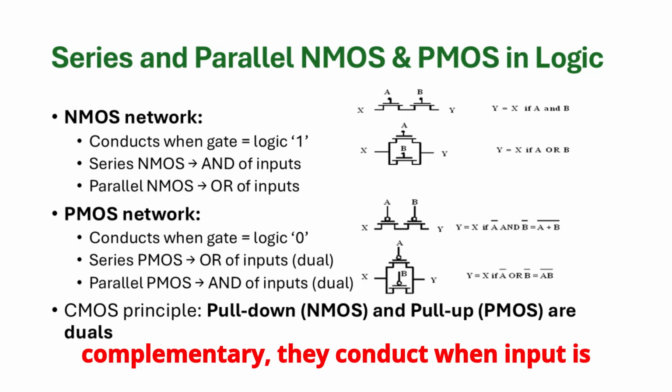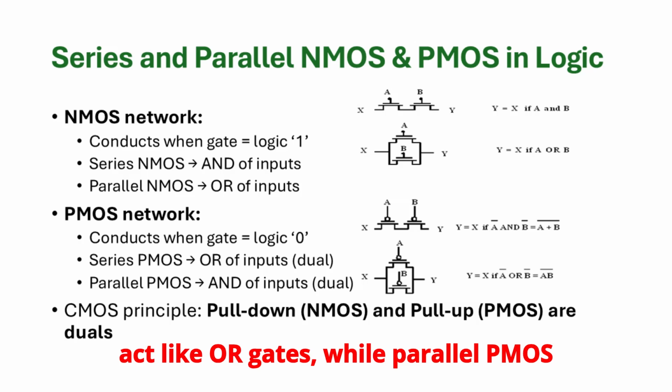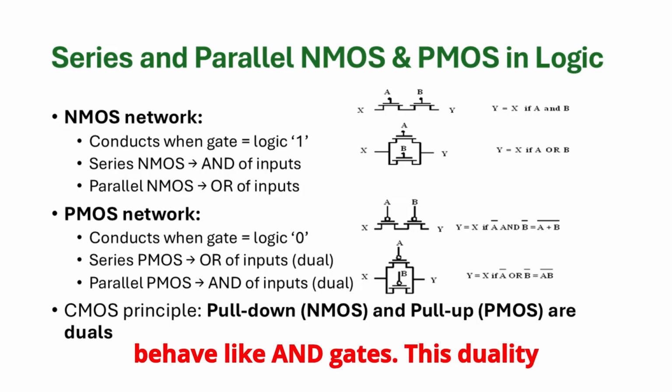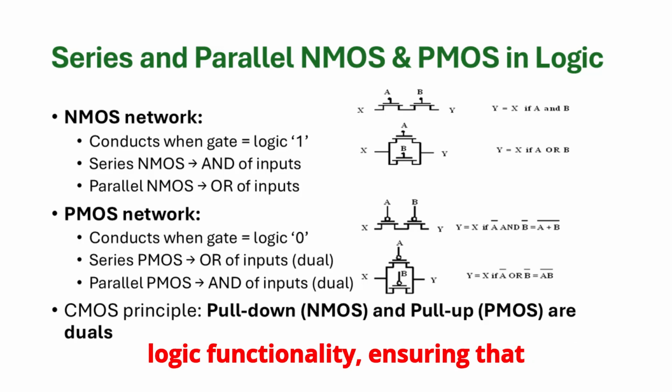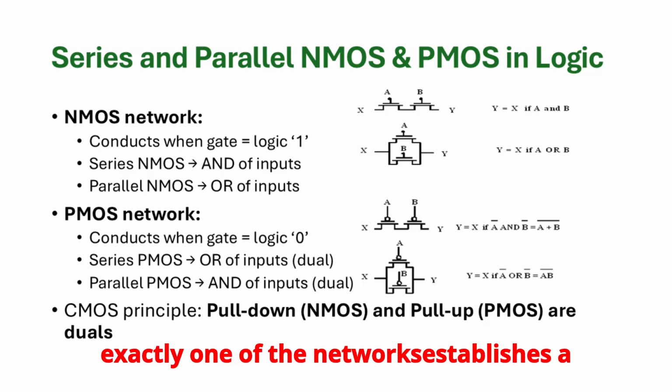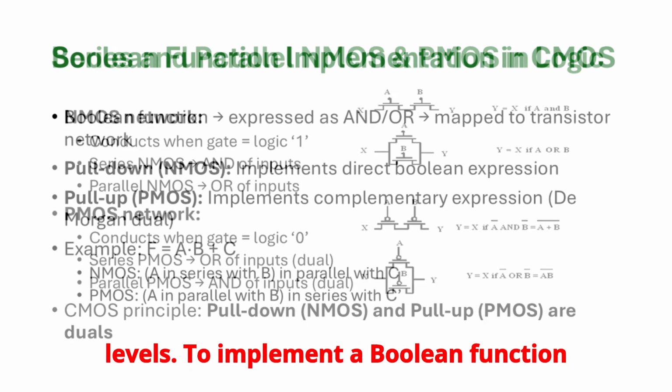PMOS devices are complementary, they conduct when input is low. So, series PMOS act like OR gates, while parallel PMOS behave like AND gates. This duality between NMOS and PMOS guarantees full logic functionality, ensuring that exactly one of the networks establishes a path to VDD or GND for valid logic levels.